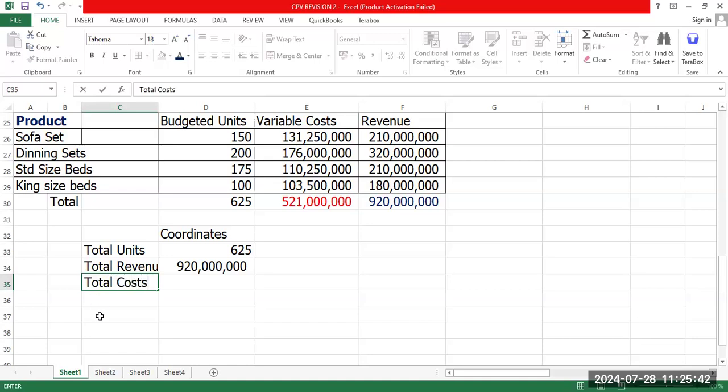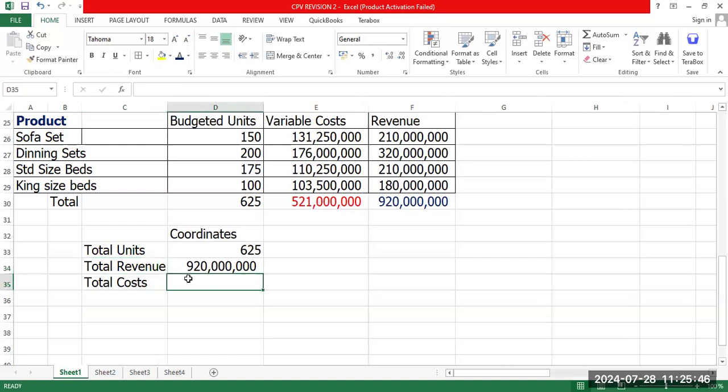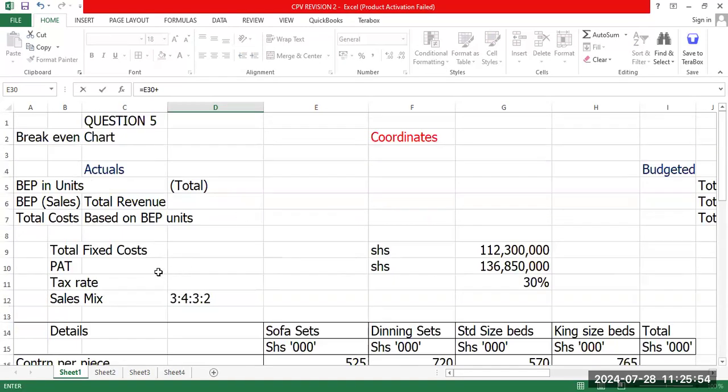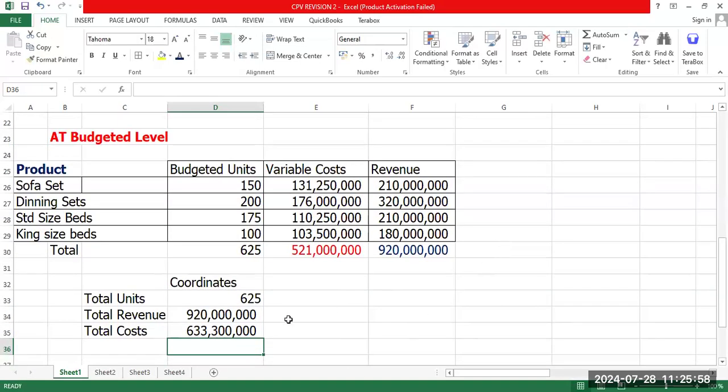Remember, total costs, you get total variable cost plus total fixed costs. So it will be total variable cost, which is this one. Then add total fixed costs, which is this one. And that will be all for you to plot.